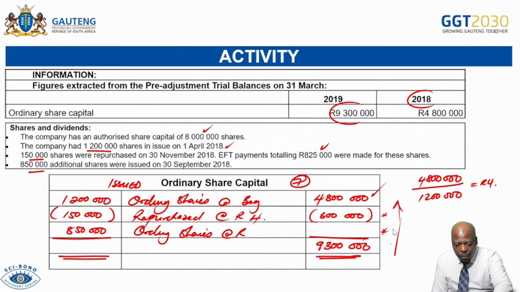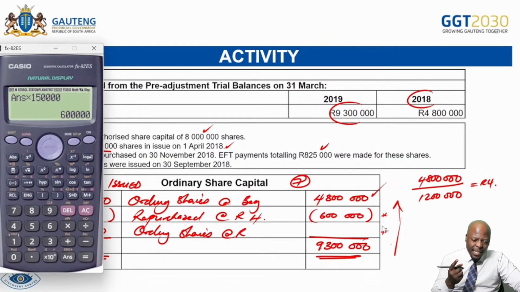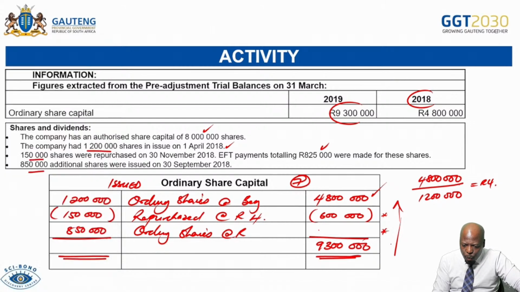Now, when we start from the bottom, we're going to swap signs, but the bottom amount remains the same. In other words, I'm going to put my 9.3 million as it is. 9.3 million. The second amount that I see now, which is the 600,000, then I say plus 600,000. Then the 4.8 million, I say minus 4.8 million. Then that's how I get my 5.1 million, which I bring here to be 5.1 million.